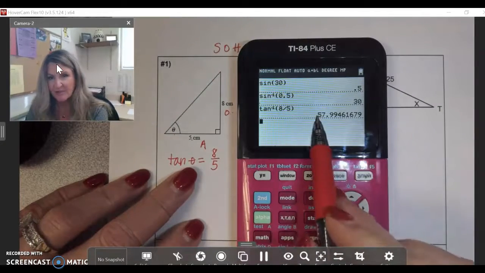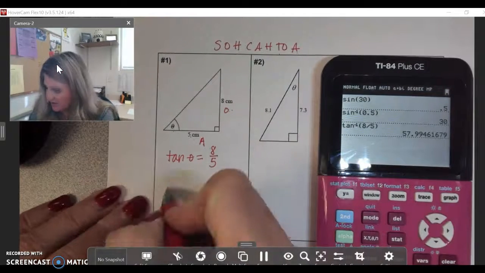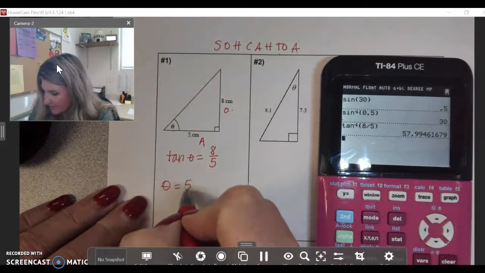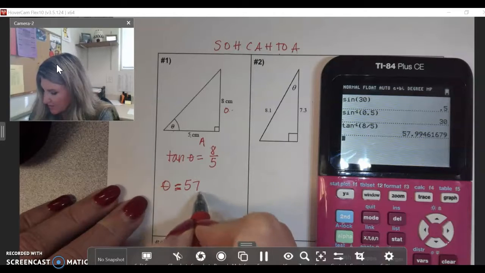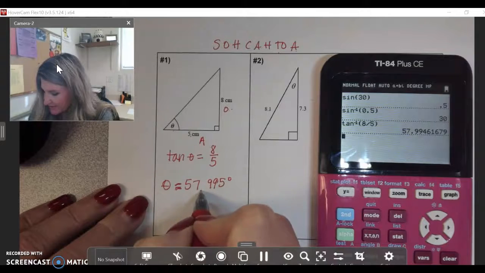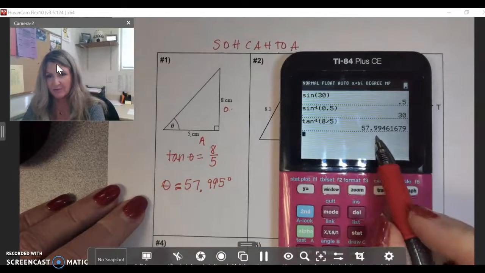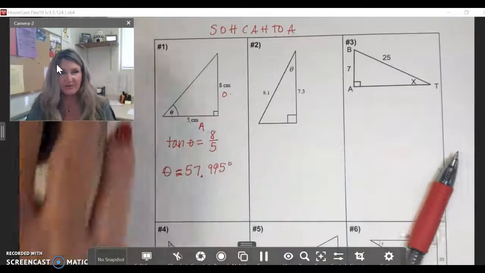It tells me the angle is 57, and we'll go out 3 decimal places. So I'm going to say theta is approximately 57.995 degrees, because we're going to round to 3 decimal places. All right, so there's our answer for using a calculator.